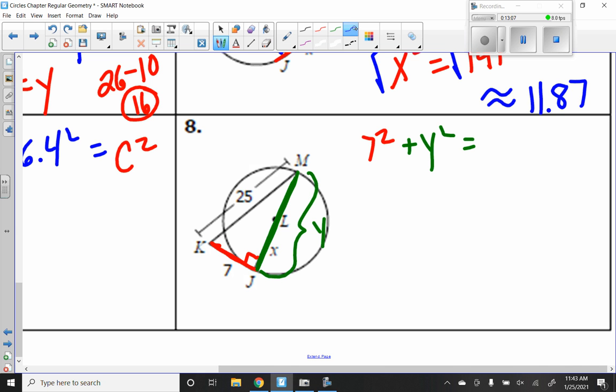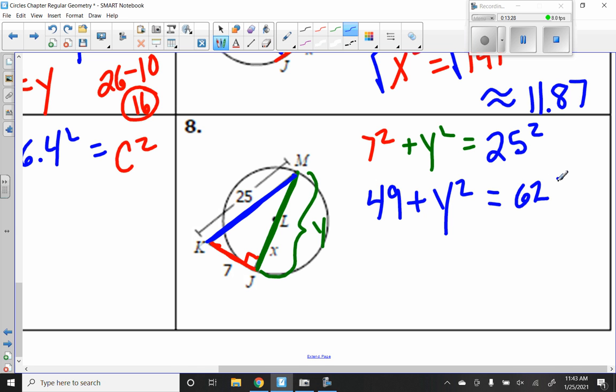And then C squared is 25. All right, so once I solve this problem and get Y, I'm just going to divide it by 2 to get X.